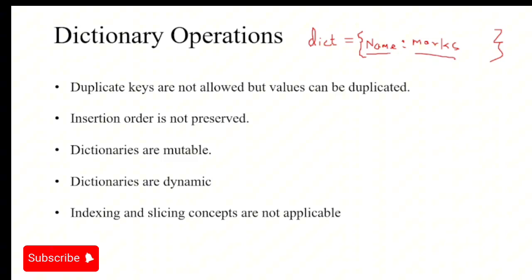Let me say this is the student ID. Remember we said keys cannot be duplicated. We do not allow duplicate keys, so I cannot have the same student ID in a single dictionary. But I can have similar marks for different students' names or different students' IDs.